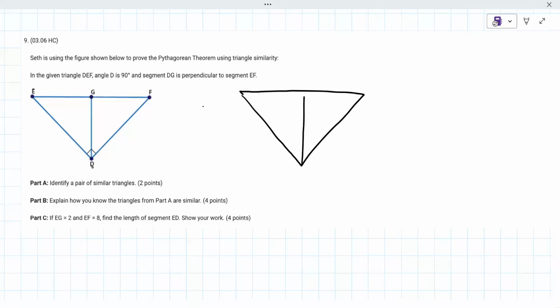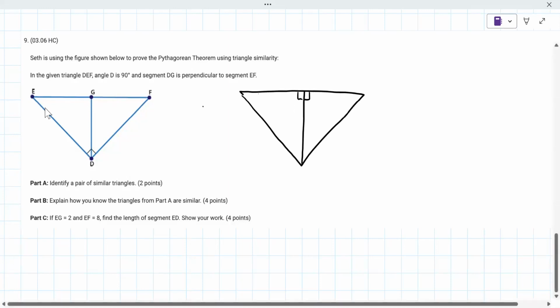Okay, so this is 90 and this is 90. And then what do we have here? EG, EF. Okay, so I think what they're going to have you show is that the big triangle is similar to one of the other smaller triangles.